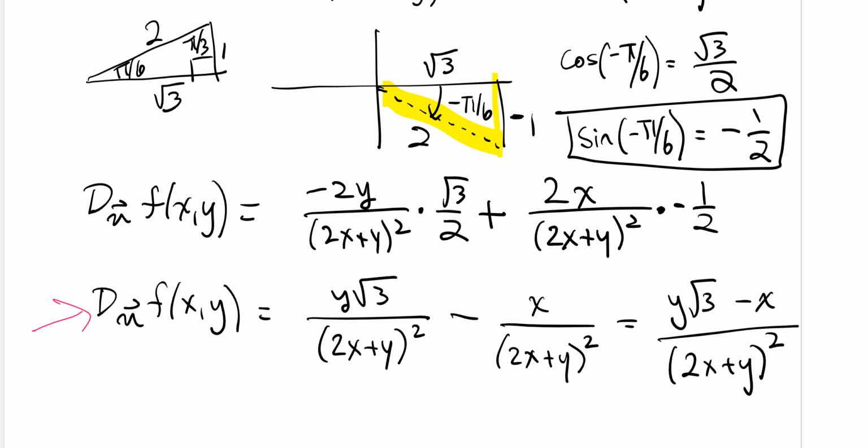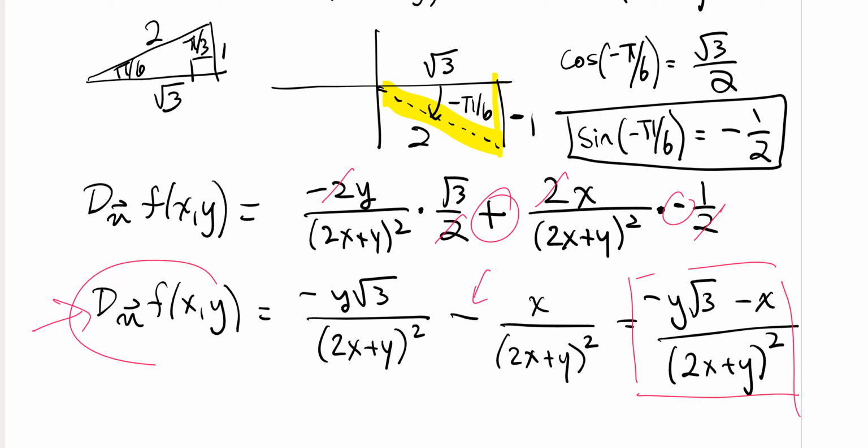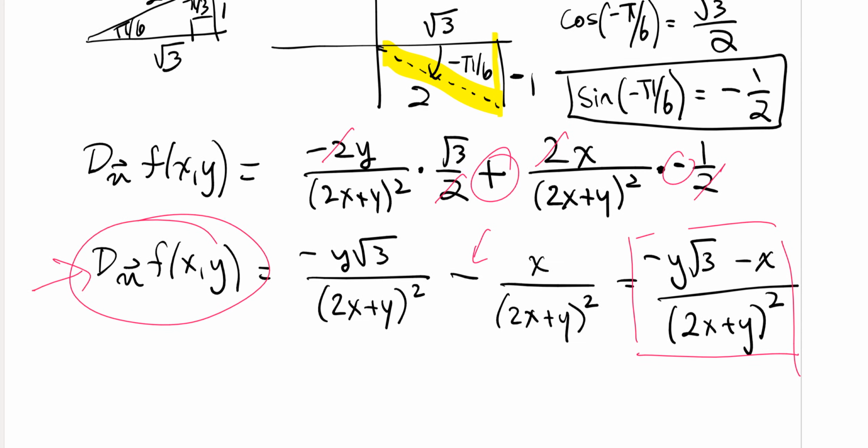And then we can simplify this a bit because the two 2's cancel. So this is negative y square root of 3 over the quantity 2x plus y squared. And then that's minus x, because these two 2's cancel, over 2x plus y squared. And then because the denominator is the same, we can get this expression for the directional derivative in the direction of this particular vector, u.